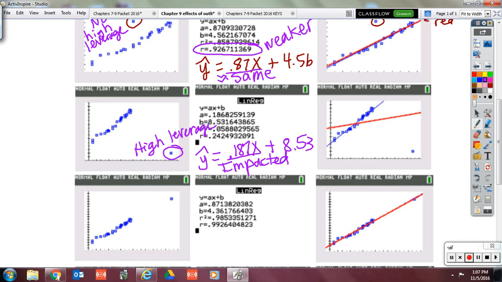It really was influential in changing that. Furthermore, the R value is now 0.24, so that is weaker as well. So this point has high leverage, it is influential, and it made the R weaker. It impacted the line.